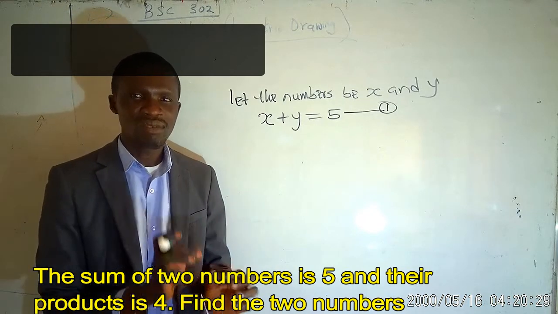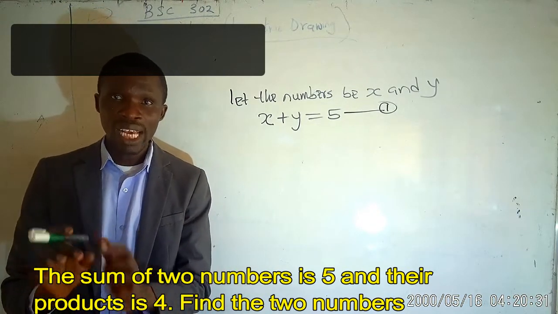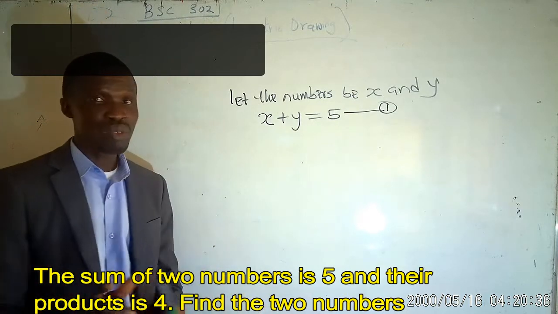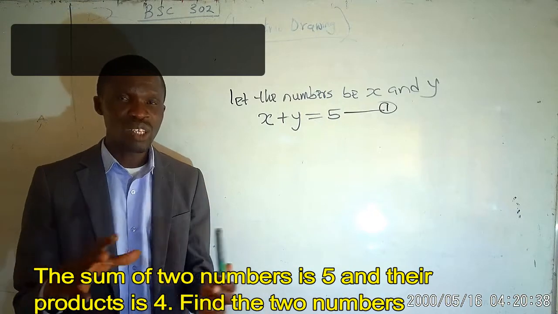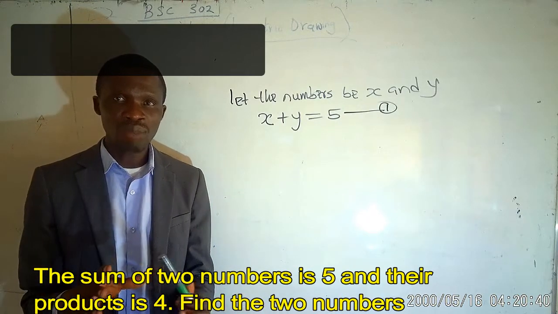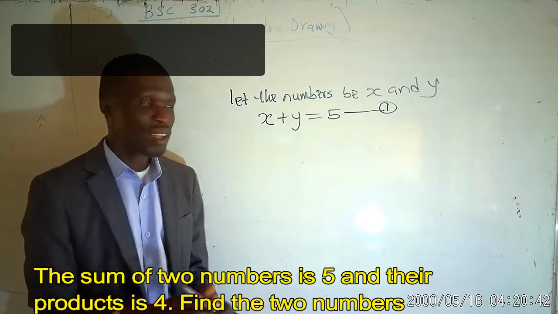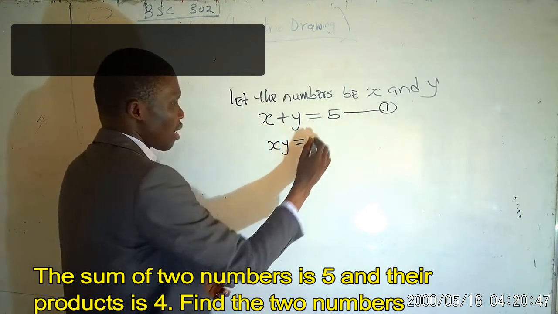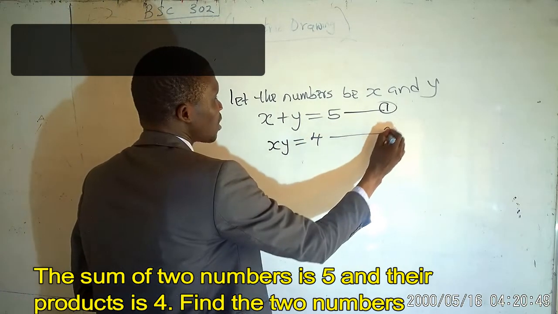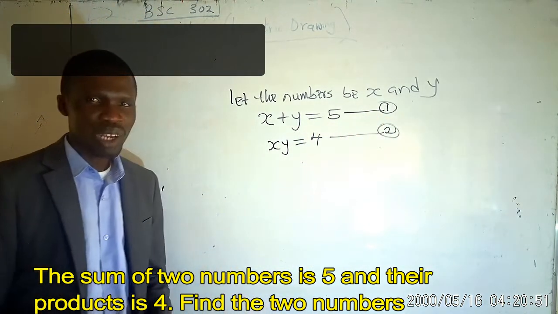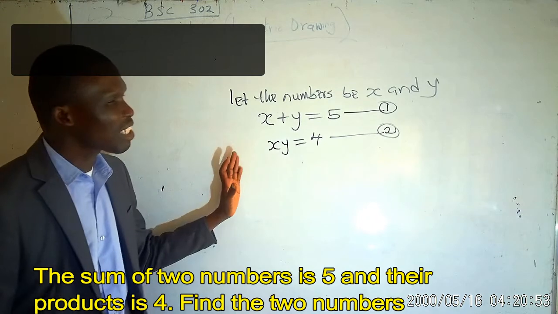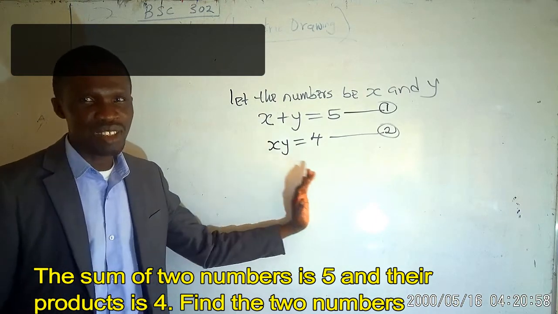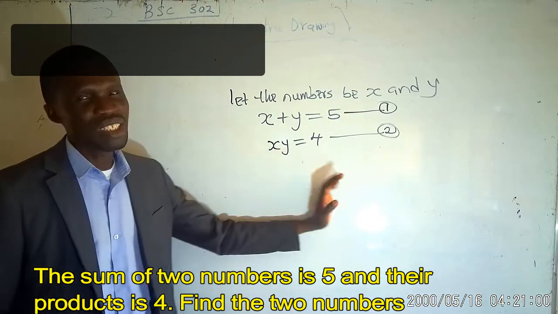But in symbols, we make use of multiplication for product. So what is the product of these two numbers? That is when you multiply the two numbers together. So this will give you x times y equals 4. You call this equation 2. I believe you are getting it. Now you can see that these word problems lead us to simultaneous equations, and this is simultaneous equation.